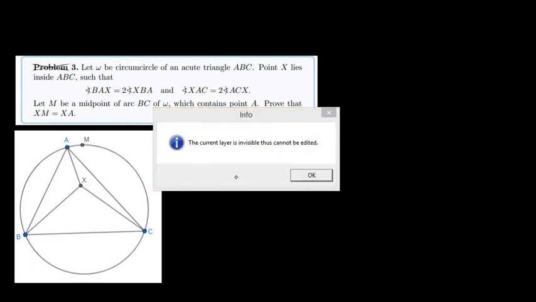So this here, we have omega, which is this circle. We have an acute triangle ABC, and a point inside that triangle, X, such that angle BAX is 2 times angle XBA.